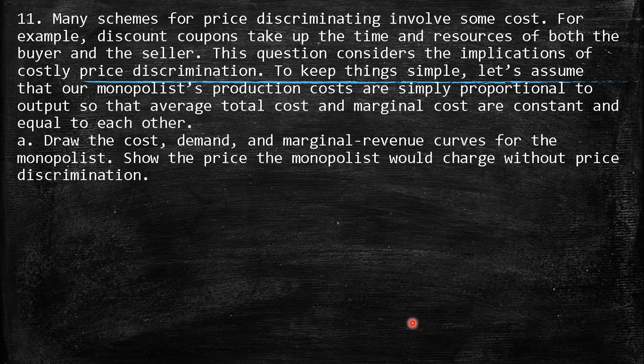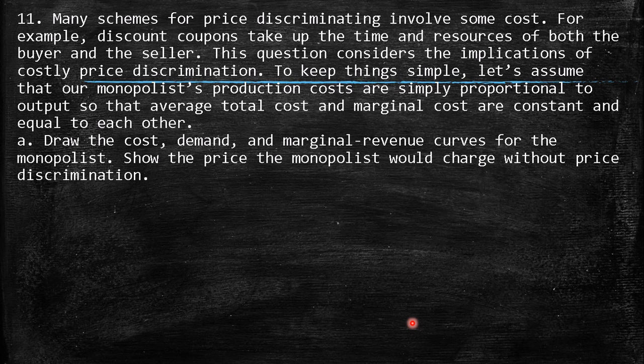The 11th and last point says many schemes for price discrimination involve some cost. For example, discount coupons take up the time and resources of both the buyer and the seller. This question considers the implication of costly price discrimination.